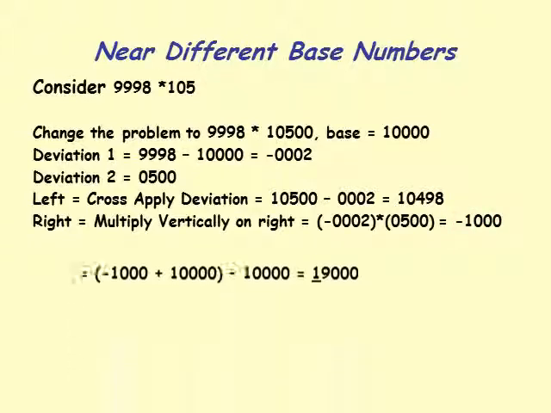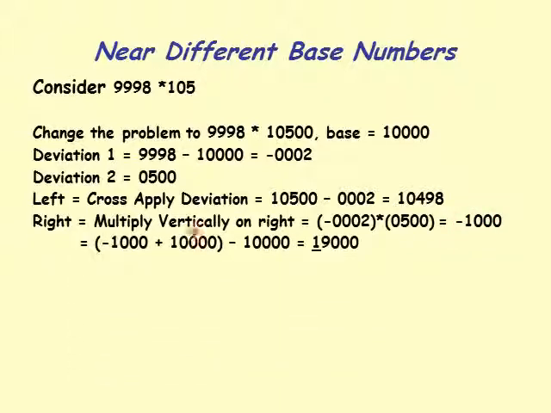Let's continue here. If we add and subtract 10,000, we get 1 bar and 9,000. So 10,000 is negative and 9,000 is positive. We keep 4 digits on the right.